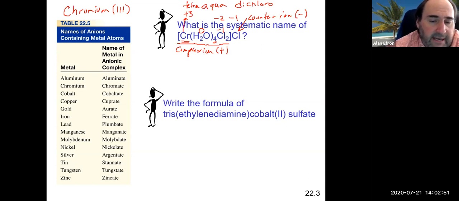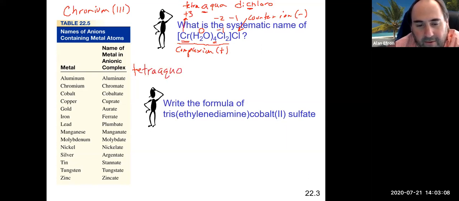We do need to put it in alphabetical order. So alphabetical order, of course, is here, A before C, ignoring the prefixes. I don't make the rules, just tell you. So this is tetraaqua or tetraaquo, your choice. Dichloro.